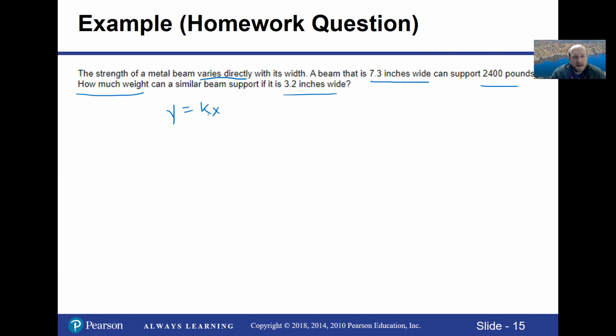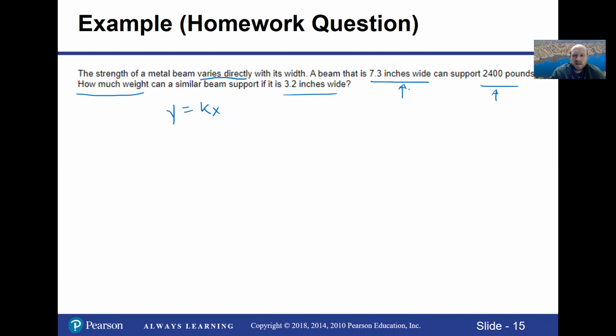Let's find this constant of proportionality. The thing that you have to ask yourself here is, the 7.3 inches, is that going to be the y value or is it the x value? Well, way back in the early part of the semester, we talked about the difference between independent and dependent.